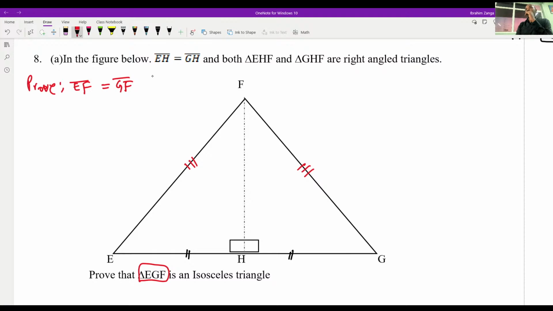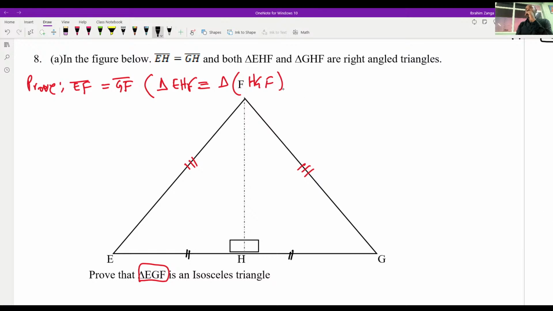And for us to prove that, the first step is to prove that triangle EHF is congruent to triangle HGF.